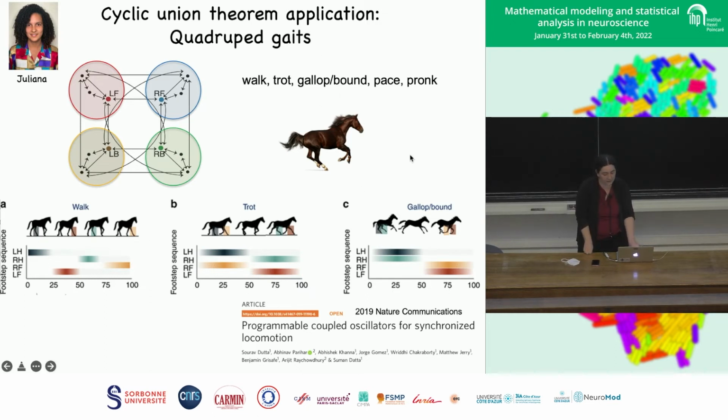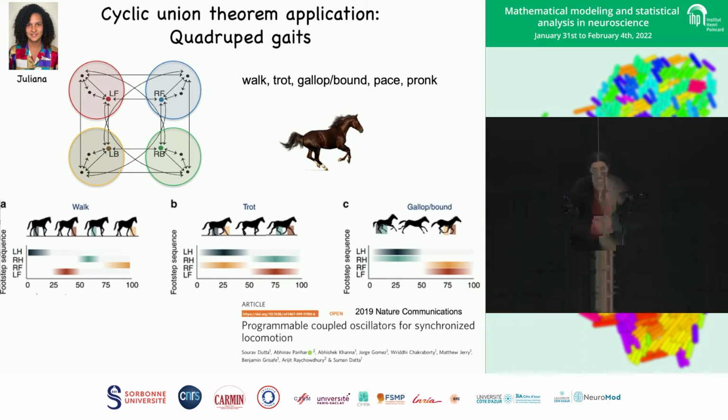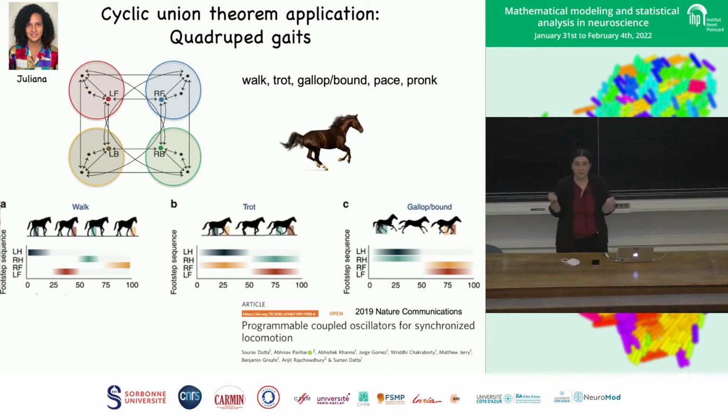And if you look in the literature, even very recent literature, like this Nature Communications paper from 2019, most or all of the models really require parameter changes to go from one gait to another. Okay, so they posit synaptic plasticity or some kind of gating variable has to change or some kind of parameter change to the model in order to transition from, say, walking to trotting, okay?